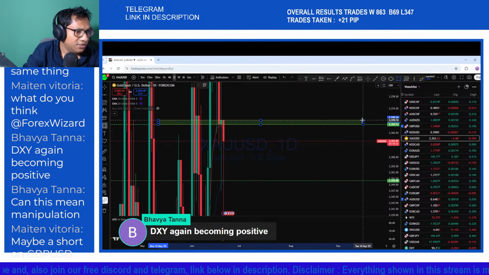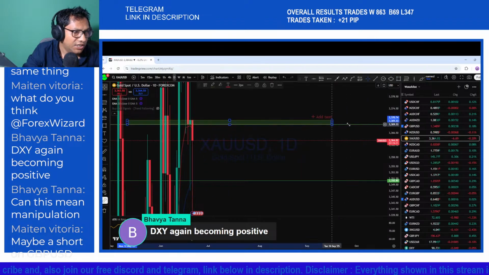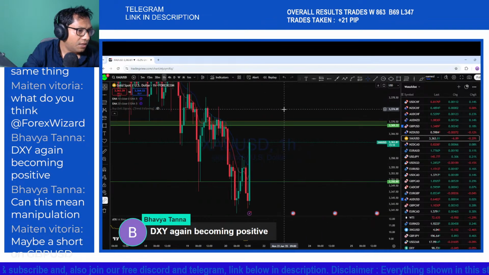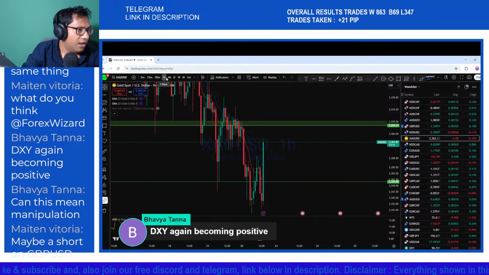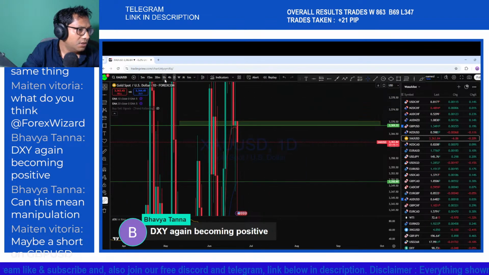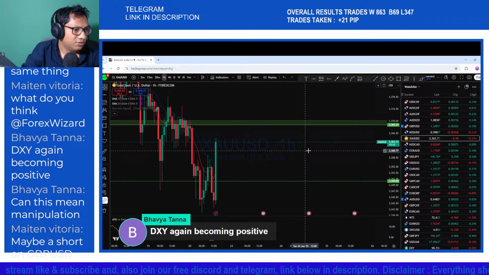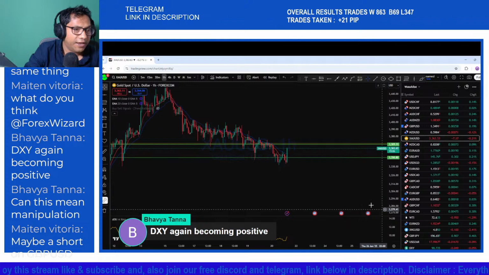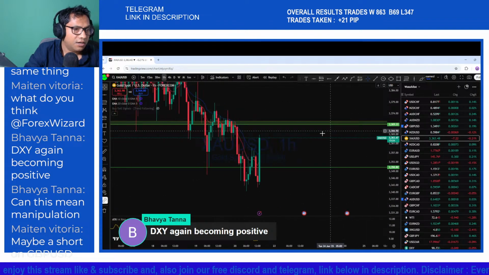So if the market is going to that level where there is a daily resistance line, this is where we will be looking for potential selling in this market. We'll be waiting to see how far it might go, and then we enter the trade.